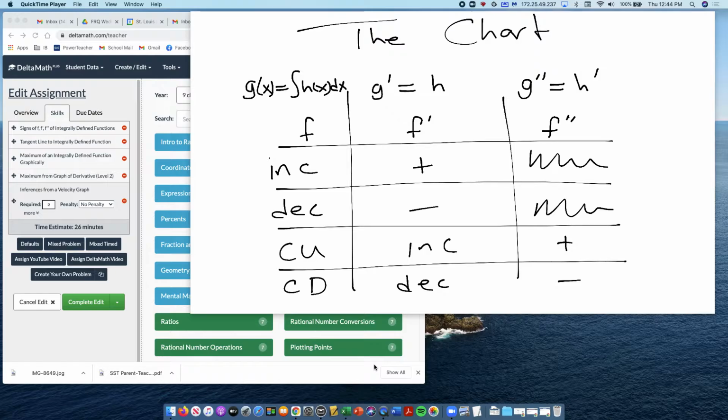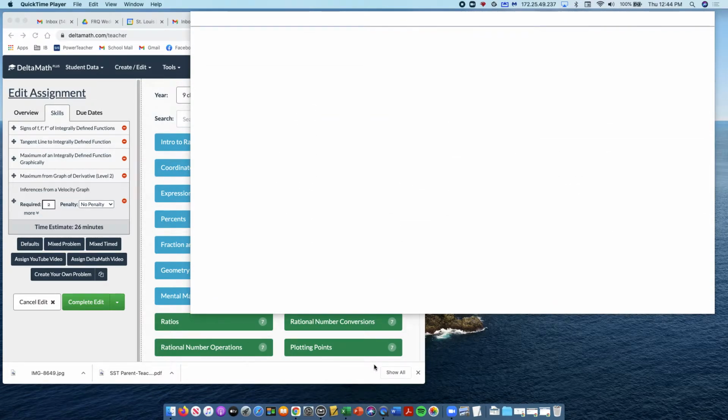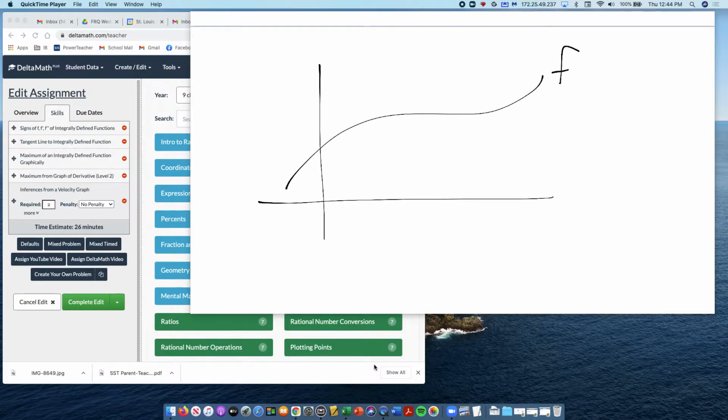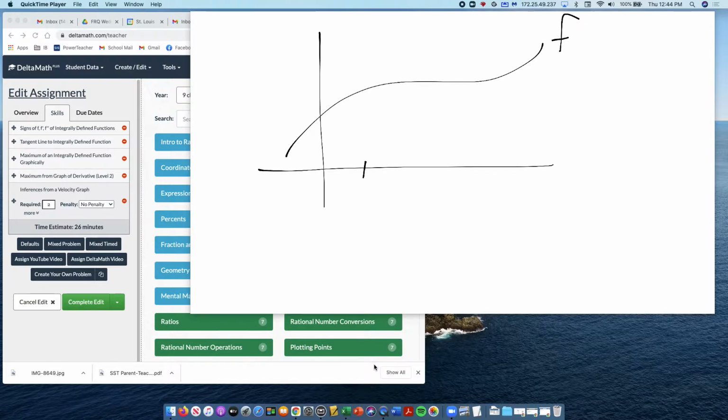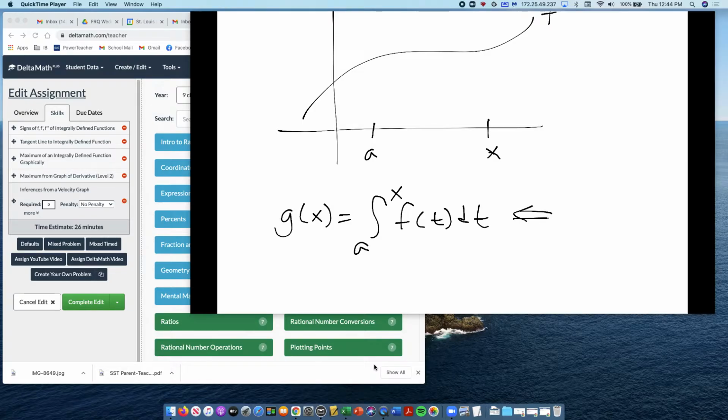Remember that if you're given some kind of a graph, say this is the graph of f, and let's say start here at a and go over here to x, and let's say g of x equals the integral from a to x of f. So say we have something like this. That represents the area under the curve.